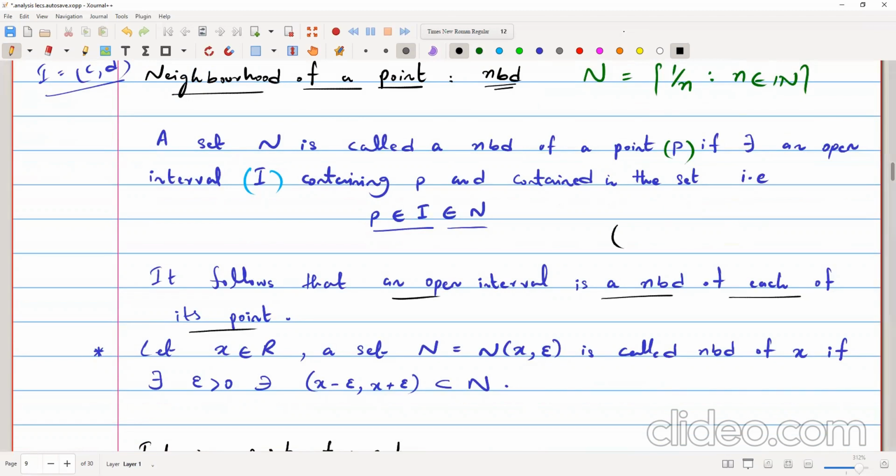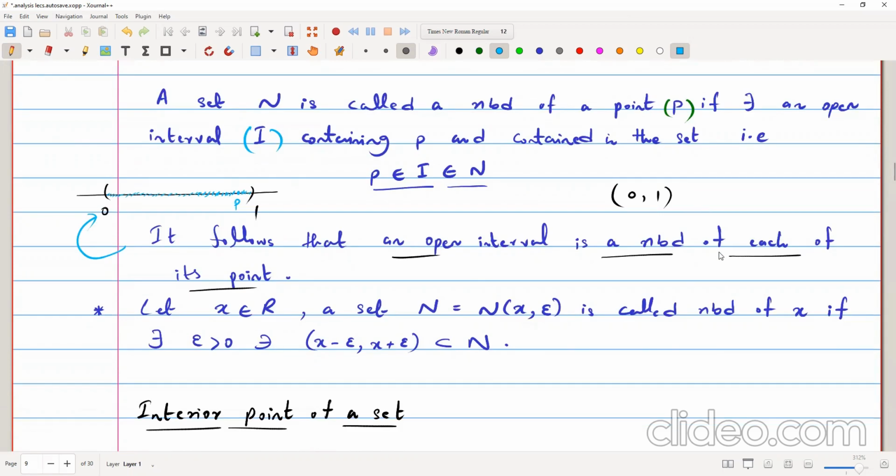All right, so for any open interval, for instance, if we take (0, 1), we can see that if we draw it on a real line with 0 here and 1 here, and we talk about any point inside this interval, let's say we take a point here and call it P, then if we take the neighborhood of this P, all the points around this P from left and from right are the neighborhood of P. So all points in this open interval are neighborhoods of P. So it means that this statement represents this same thing: an open interval is a neighborhood of each of its points.